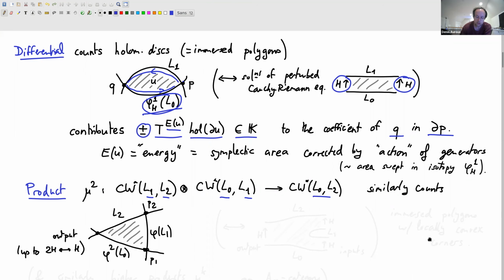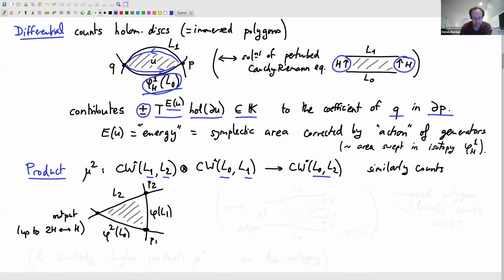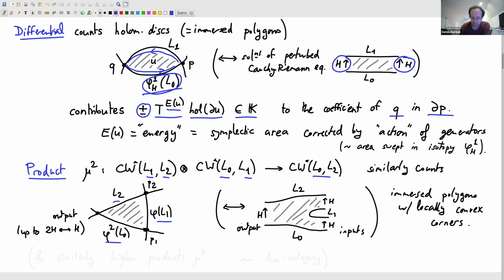Those will count holomorphic triangles with boundaries on perturbed copies of our Lagrangians, pushed so that each one is more wrapped positively than the next one. Or, if you prefer not to move your Lagrangians, solutions again of a perturbed holomorphic curve equation.